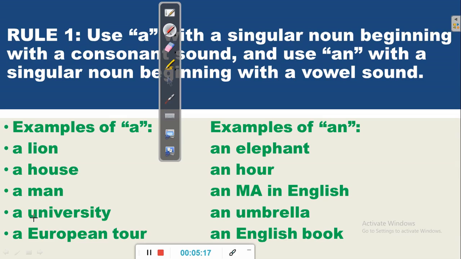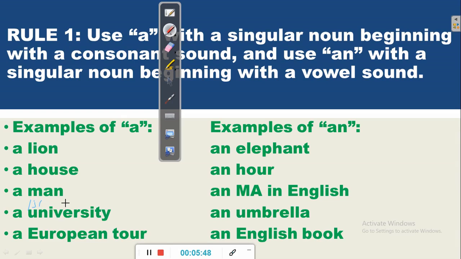Here we have the letter U, which is a vowel letter, beginning this word, yet we are using a because the sound here is a consonant sound. So here what we have is what is called a partial semivowel. That is J.